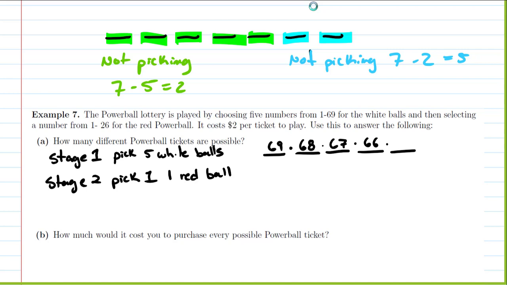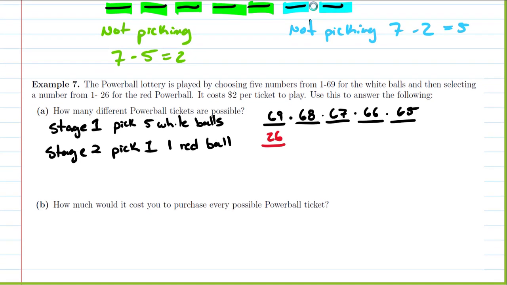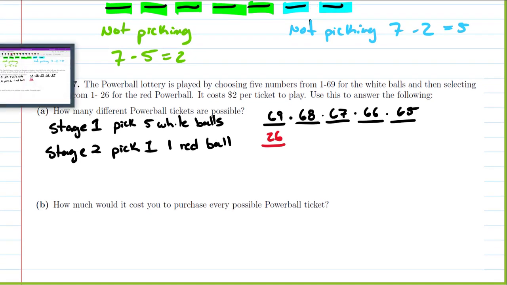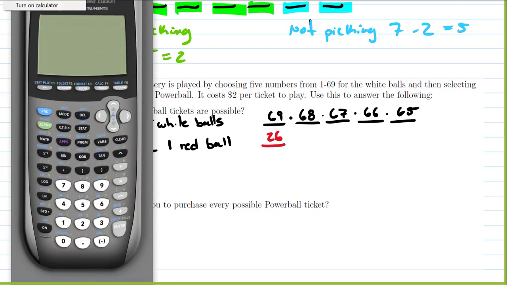And for the next? 65. And then for our number in red, how many choices do we have? 26. So if my stage 1 is this and my stage 2 is this, how many Powerball tickets are going to be possible?